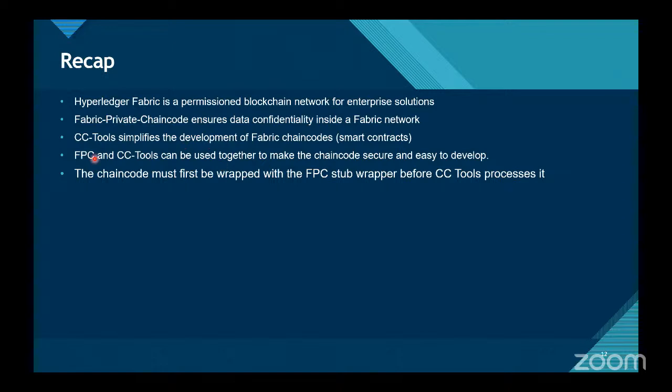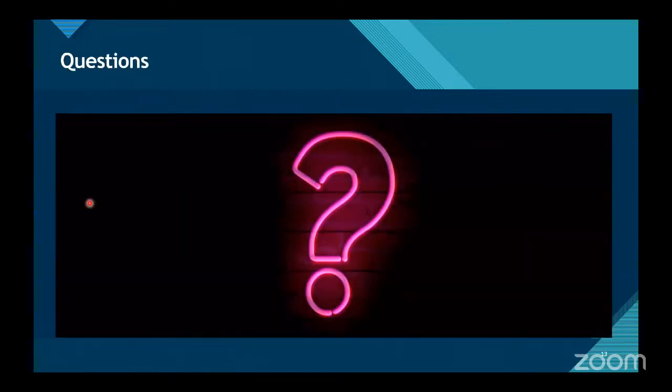And we explained the architecture of integration between FPC and CC Tools and how we are enabling this by wrapping the chain code with FPC before sending it to CC Tools. Any other questions? We are open for questions.